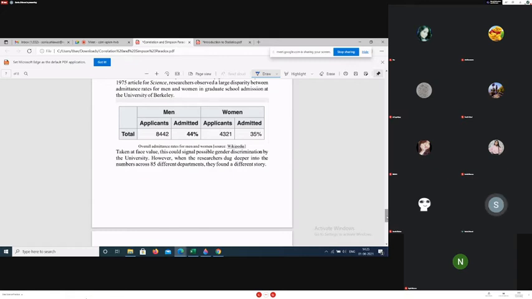They segregated two categories: male and female. Male के लिए जो applications आई थी, they are 8442 and out of 8442, 44% were admitted. Similarly, female के लिए जो applications आई थी, they are half of what the male applicants were, that is 4321, and almost 35% of the females got admission in that particular university.